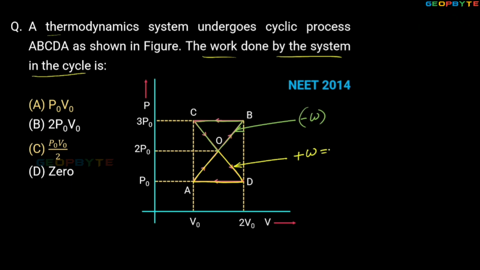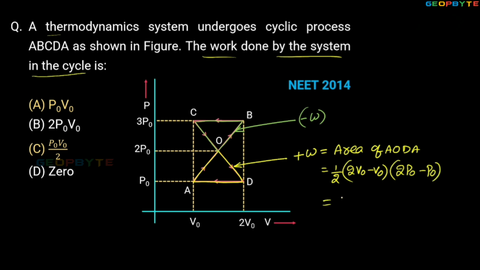Positive work equal to area of AODA, that is a triangle, area half into base into height. Half into base (2V naught minus V naught) into height (2P naught minus P naught). It is equal to V naught P naught by 2.